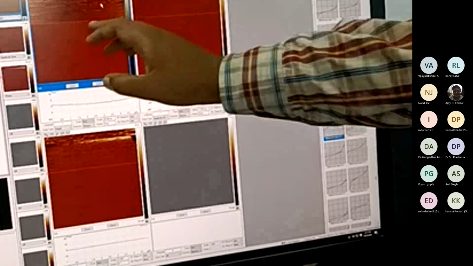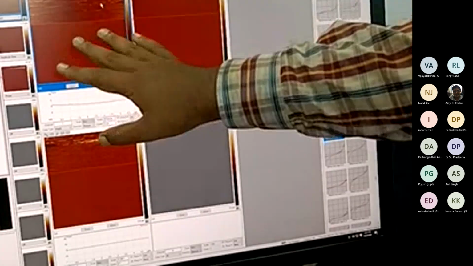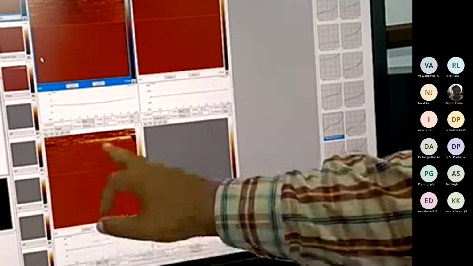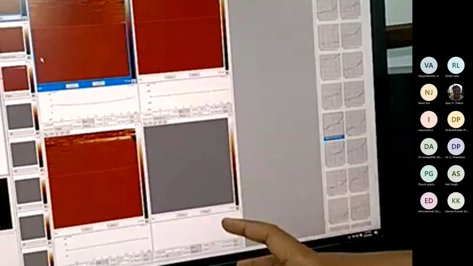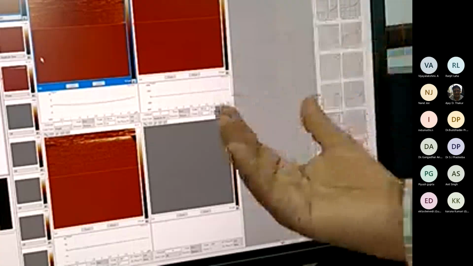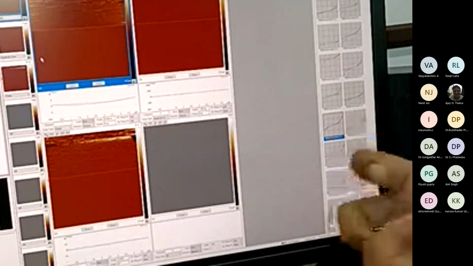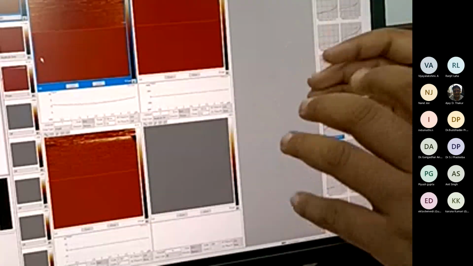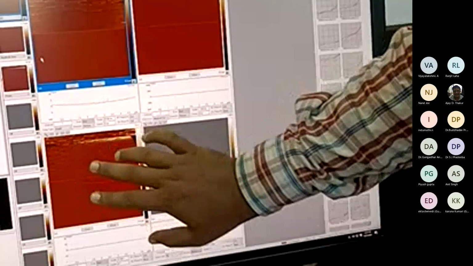Okay, so in some cases, the phase image is very helpful. The amplitude and the height or topography images are the same, but the phase image sometimes gives good contrast between two different kinds of materials. Suppose we have two types of polymers of different modulus, and their heights are the same.